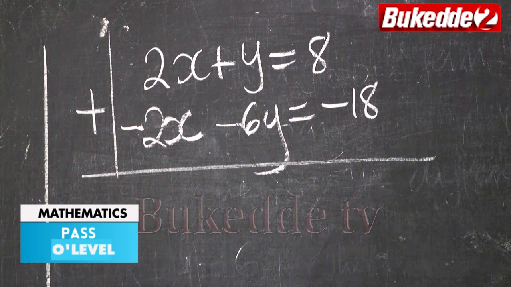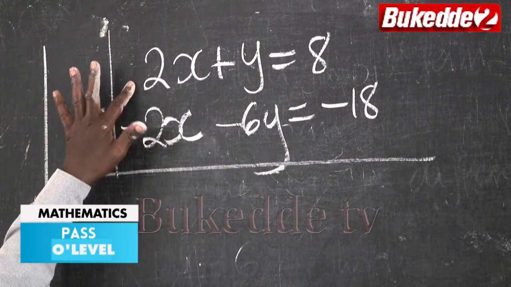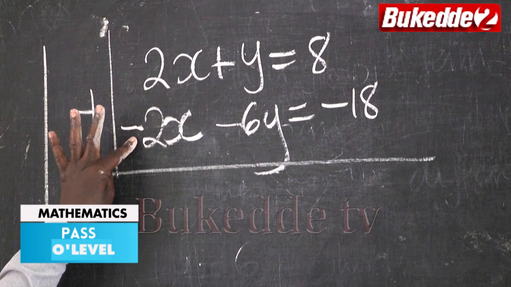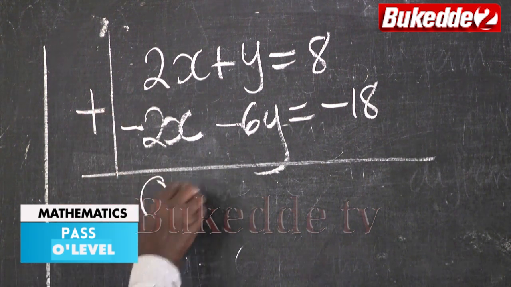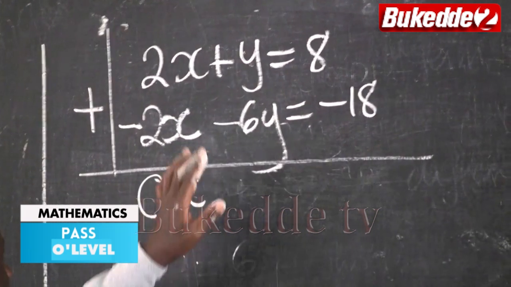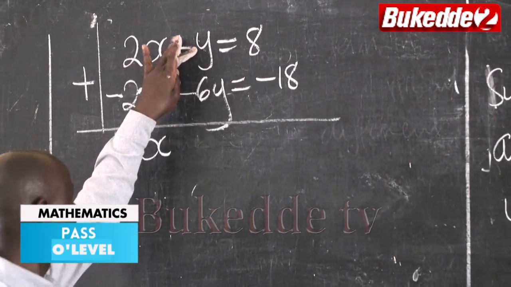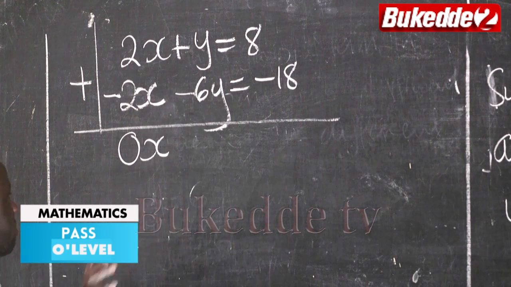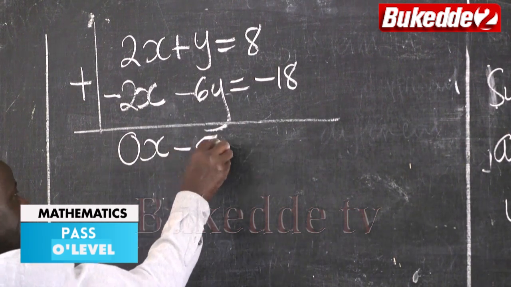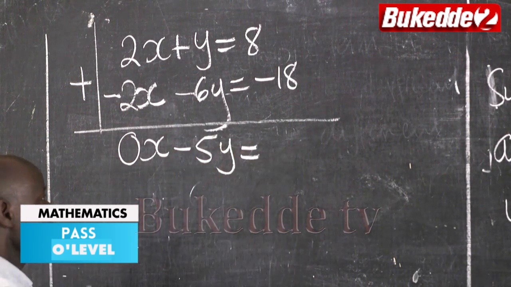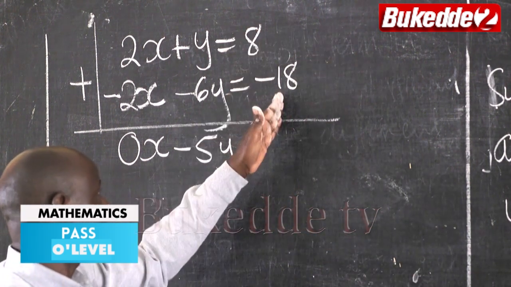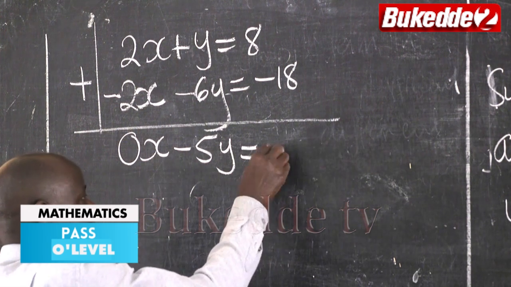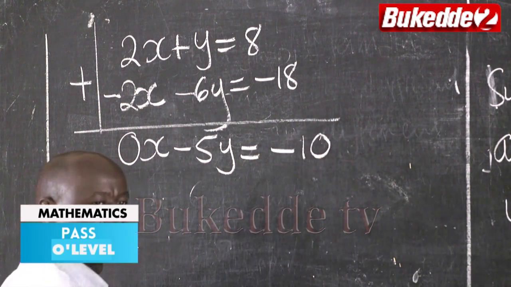Now, when we do that, the positive 2x and negative 2x cancel each other out. This will give us 0x. Whereas here, we have a positive 1y added to a negative 6y to give us a negative 5y. On the other side of the equation, adding 8 to negative 18 gives us a negative 10.